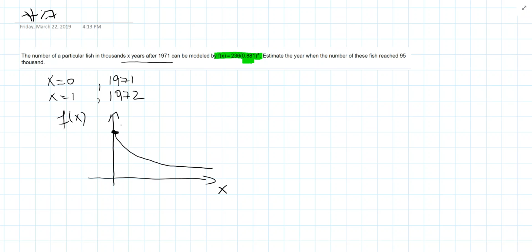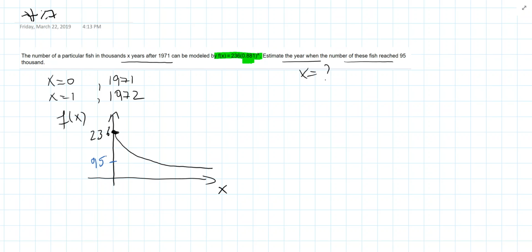And our goal is to find the year. So for what x, so x equals what? The year when the number of these fish reached 95,000. So if it started with 236, I'm interested to find when it's 95. So let's say 95 is right here. When we learn about logarithms in section 5.4, we'll learn how to do this algebraically.